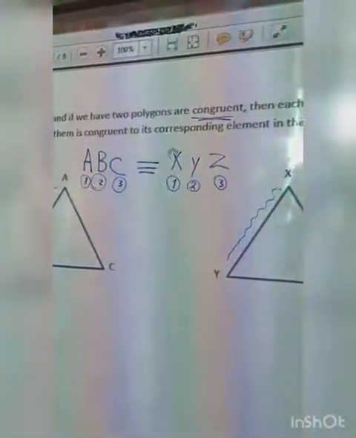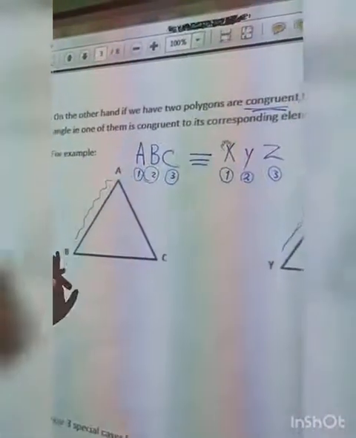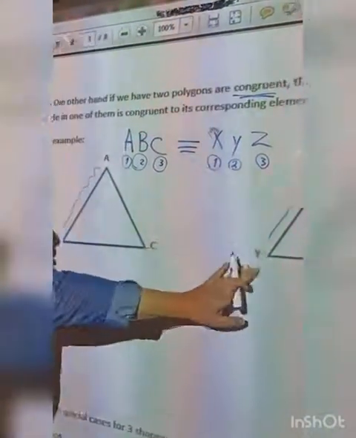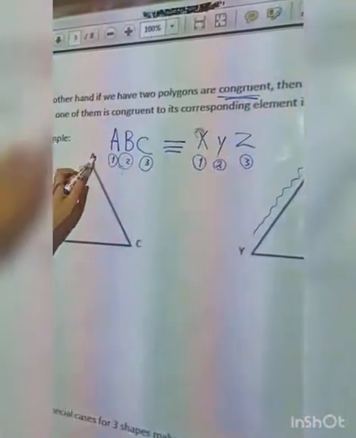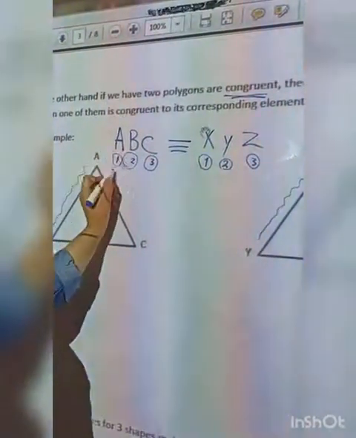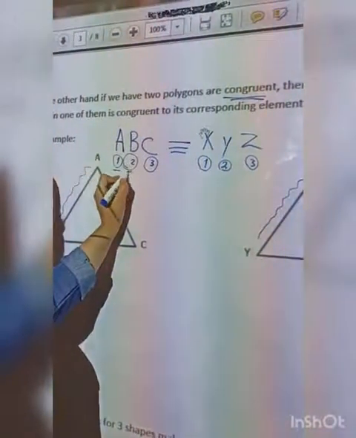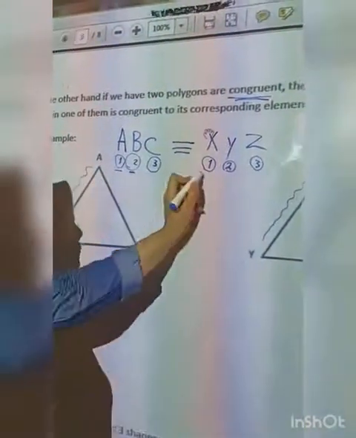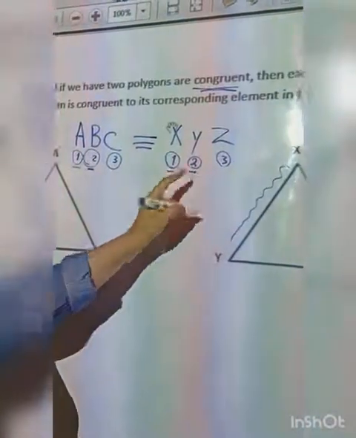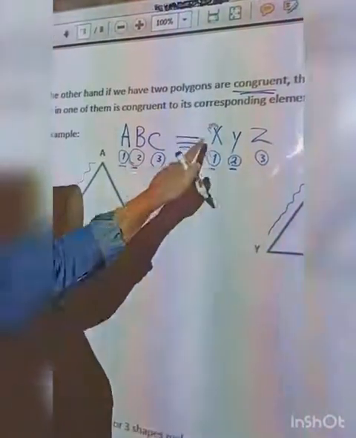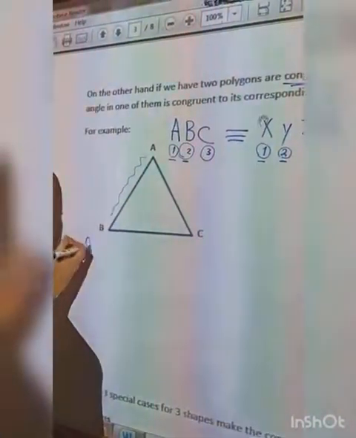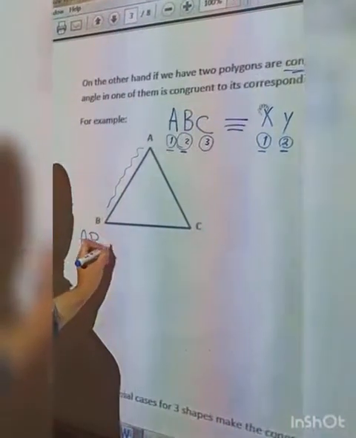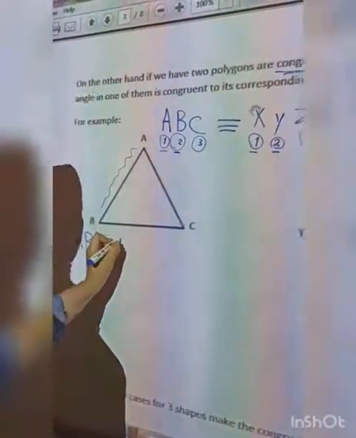To make sure that this side corresponds to this side, we look at the letters here. If we take the side AB, I mean the first and the second letter, we should take the first and the second letter from the second polygon. AB 1, 2, XY 1, 2. So we write AB congruent or equal to XY.